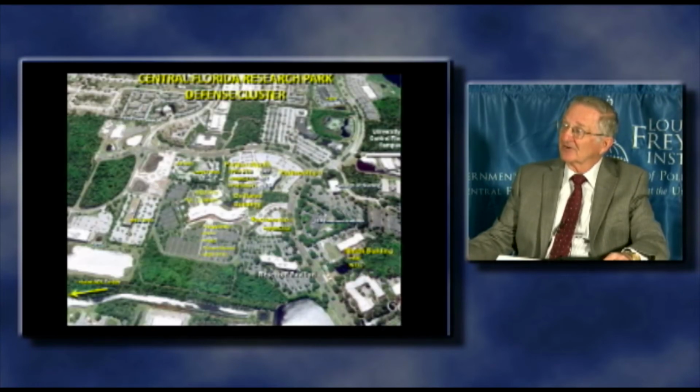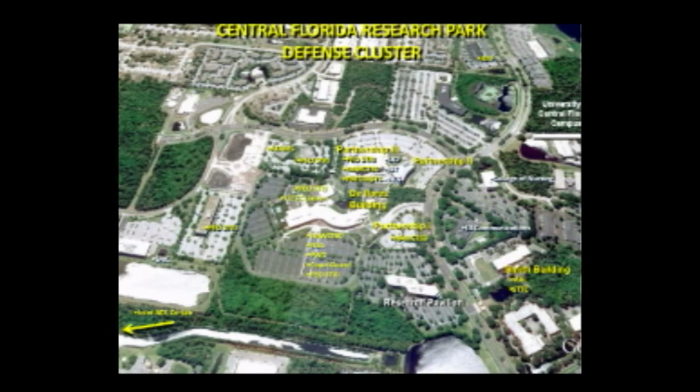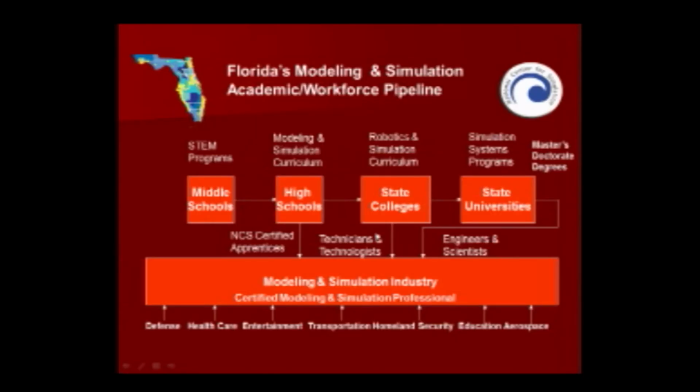And this is an aerial view of the Central Florida Research Park, our defense cluster. All these, we call them alphabet soups. They all mean something, all these short abbreviated names for the Army, Navy, Marines, Air Force, etc., all located adjacent to the University of Central Florida. And this is our pipeline model, if you will.